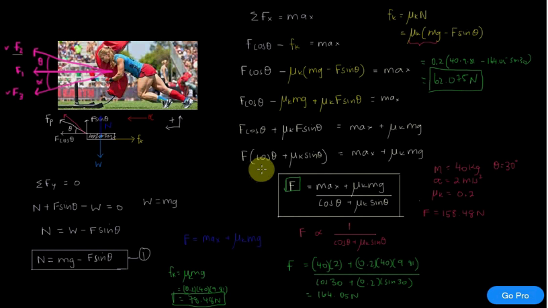The last one, I divided the third video into two parts. One was what we finished off on: how much force do I have to apply when I direct forces at an upwards angle, and we realized that this upward force formula looked something like this, and resulted in me applying a force of 164.05 newtons in comparison to if I just push directly forward, which was somewhat less, I think 158.48 newtons.